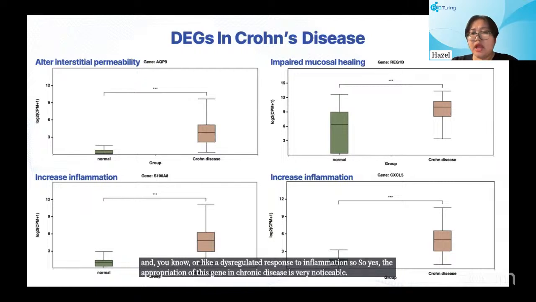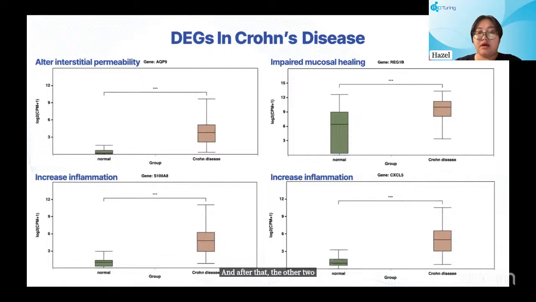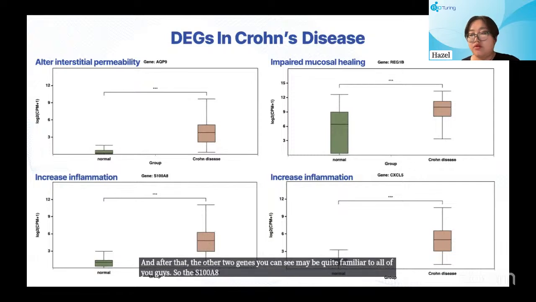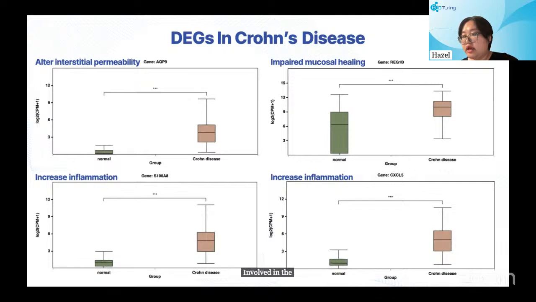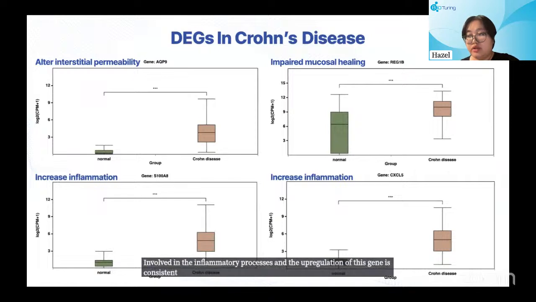And after that, the other 2 genes may be quite familiar to all of you. S100A8 and CXCL5 are both related to the inflammatory state. S100A8 is a calcium-binding protein involved in inflammatory processes, and the upregulation of this gene is consistent with its known role in promoting inflammation and immune cell activation. So this likely contributes to the inflammatory cascade observed in Crohn's disease.